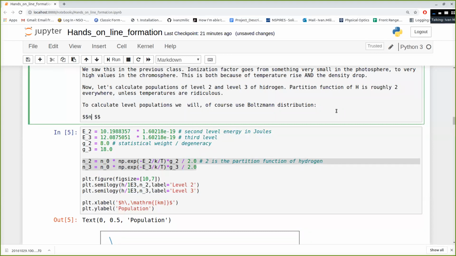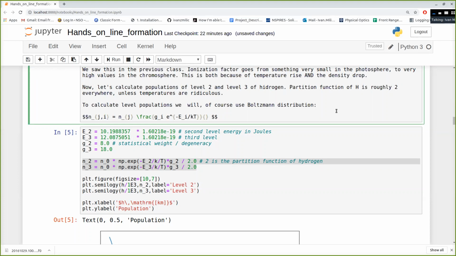Well, that says that basically the density of the excitation state i in the ionization state j is equal to the total number of particles in that ionization state j times the statistical weight of the state i, e to the minus E_i over kT, divided by the partition function.